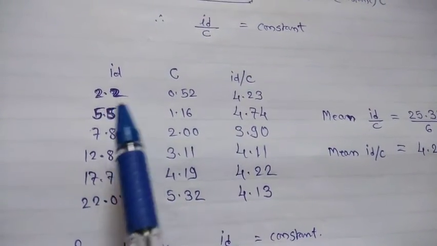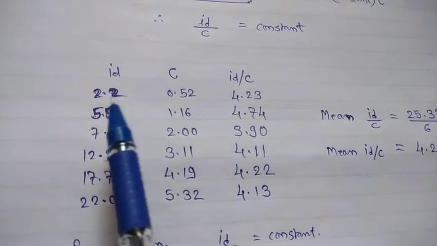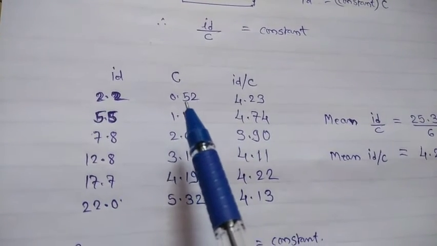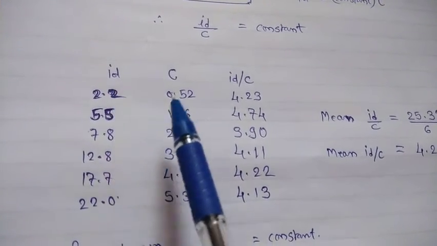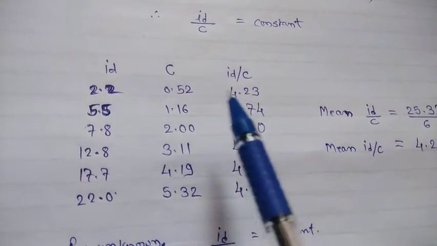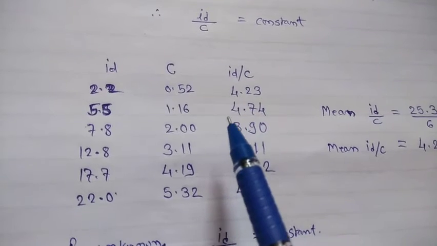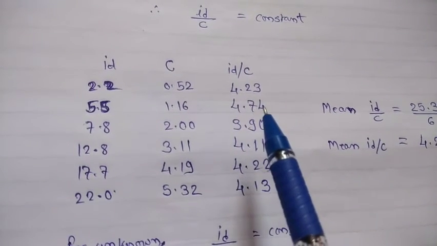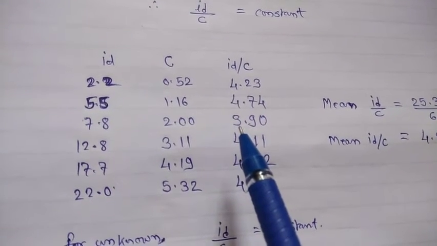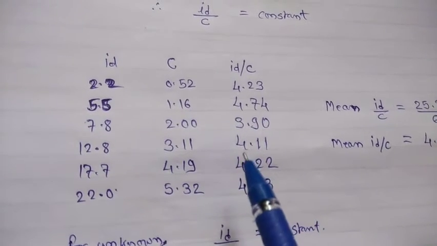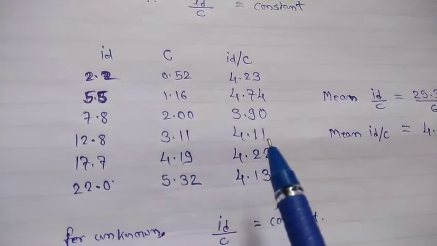For the first combination, concentration 0.52 and id 2.2, the constant is found to be 4.23. For the second combination it is 4.74. For the third combination it is 3.09. For the next one, 4.11.